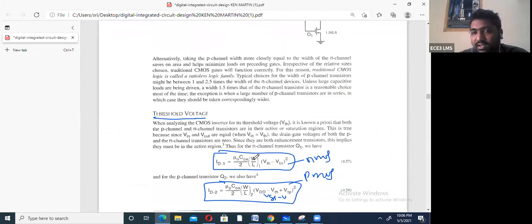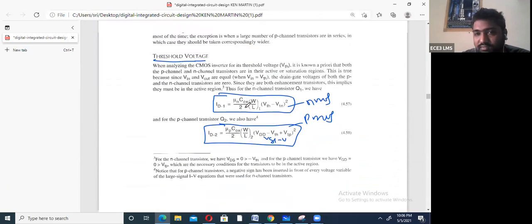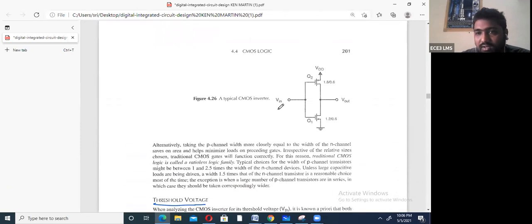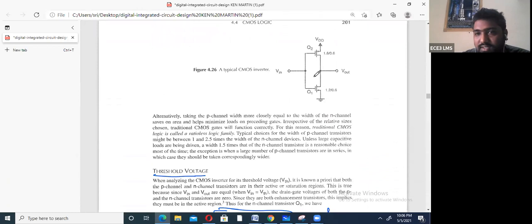I gave this as an assignment: find the threshold voltage of the pseudo NMOS inverter. You should know both the transistors are in the saturation region. Vin equals VTH, Vout equals VTH. This ratio should be 1.5 times. VDD they are taking as 3.3 volts, but in the generalized equation, VDD only.